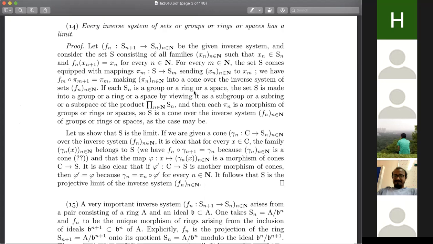Elements of this product are families of elements, right? An element from S0, an element from S1, an element from S2, and so on.